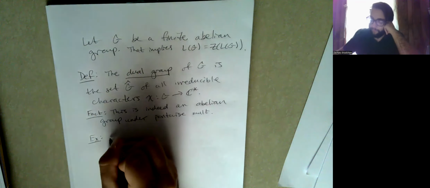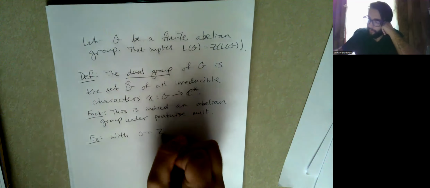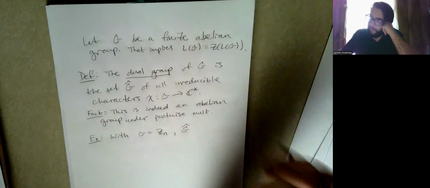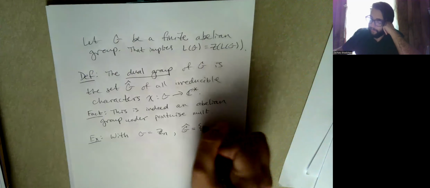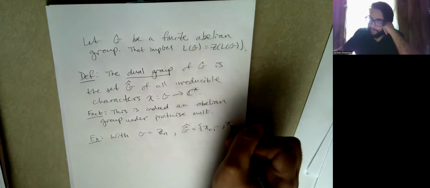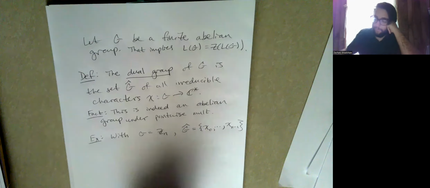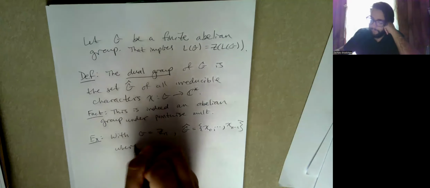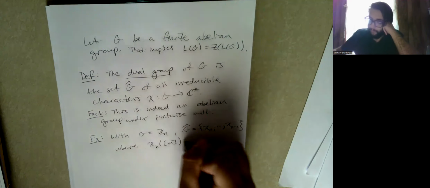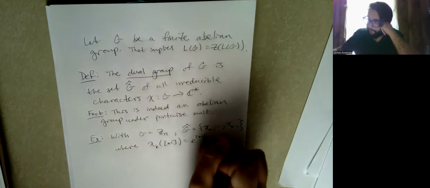Okay, here's an example with G equal to the integers modulo n. The dual group is the set of the characters chi 0 through chi n minus 1 that we defined before. They're given by this formula here.